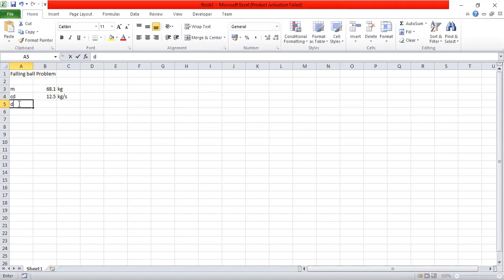Then the step size. Let me specify the step size as 0.1, because now we're using a computer, so it will be much faster. Then let me say G, that's the acceleration due to gravity, is 9.81, a constant, in m/s squared.